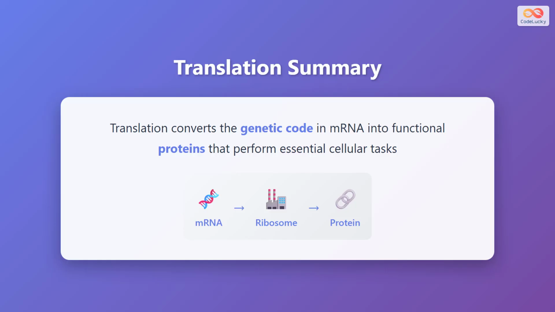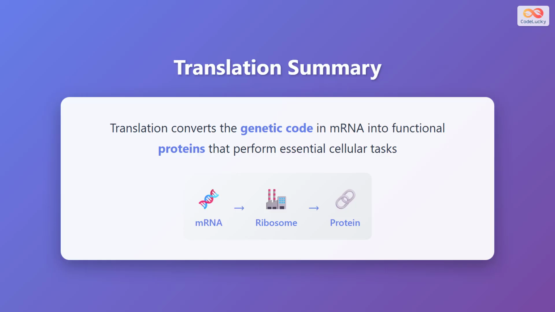In summary, translation is the fundamental process that converts genetic information in messenger RNA into functional proteins. Through the coordinated action of ribosomes, transfer RNAs, and various protein factors, cells can accurately decode the genetic instructions and build the thousands of different proteins they need.